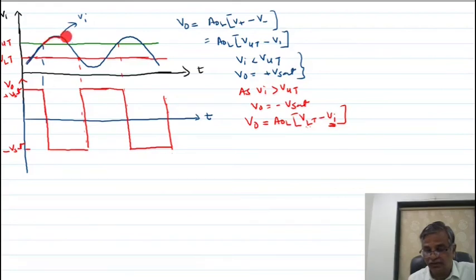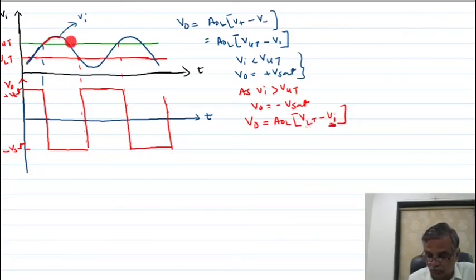When input voltage is more than VUT, output becomes negative. So my voltage at the V plus terminal will be changed, that I am writing as VLT. When input voltage is less than VLT, your output is positive. When input voltage is more than VLT, output is negative.